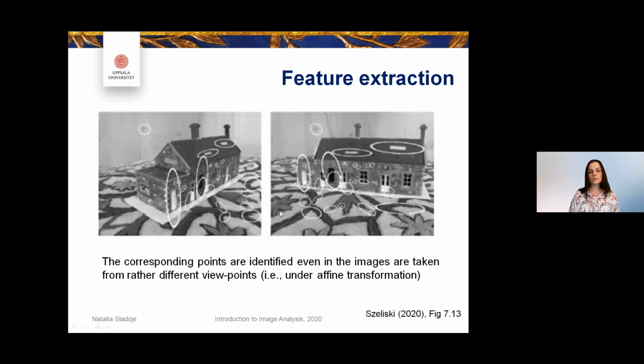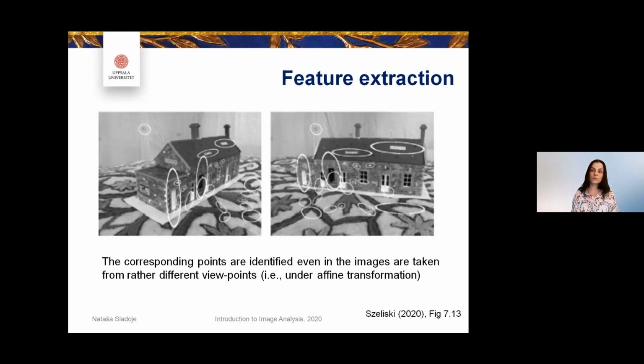So in this example, we have corresponding images under affine transformation and a number of relevant feature points that are successfully detected in both of them. These feature points are the centers of these ellipses or circles that we see, and they are obviously appearing in both of the two images. So this is successful detection of feature points in spite of this affine transformation that acted on the two images.